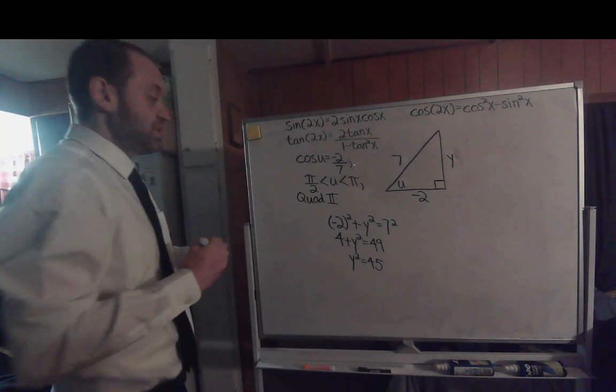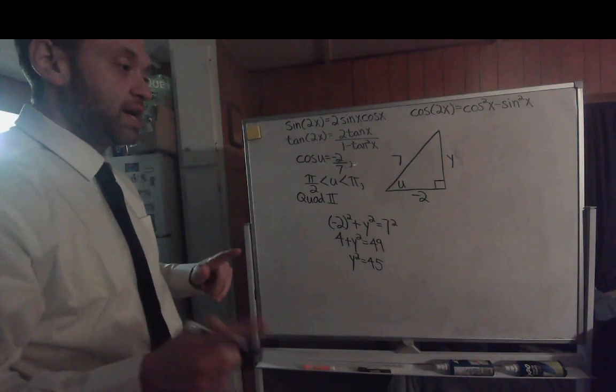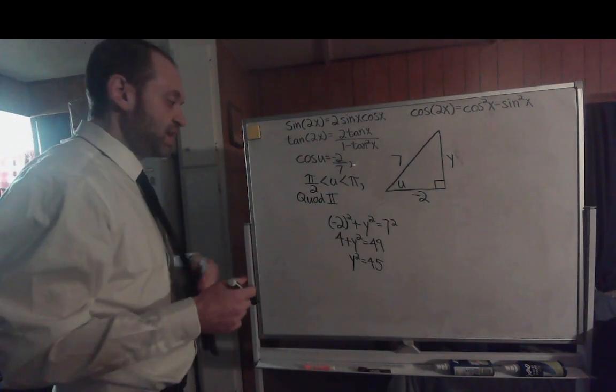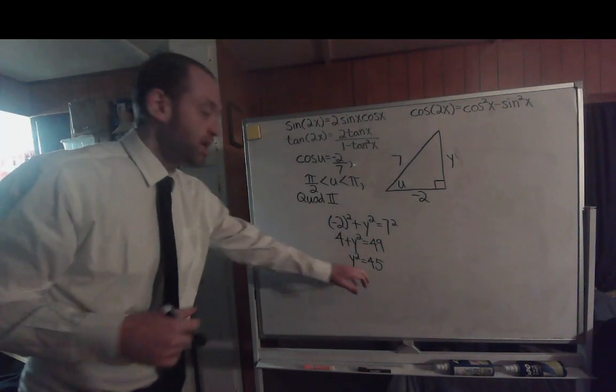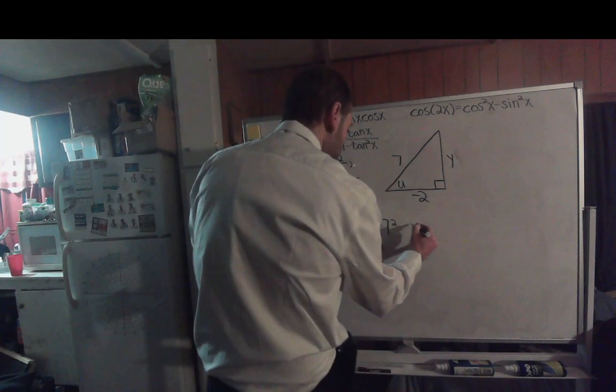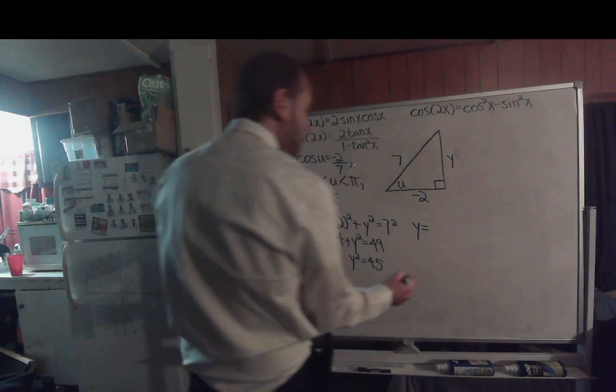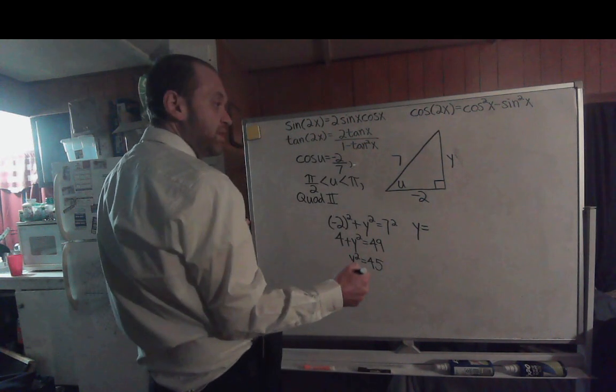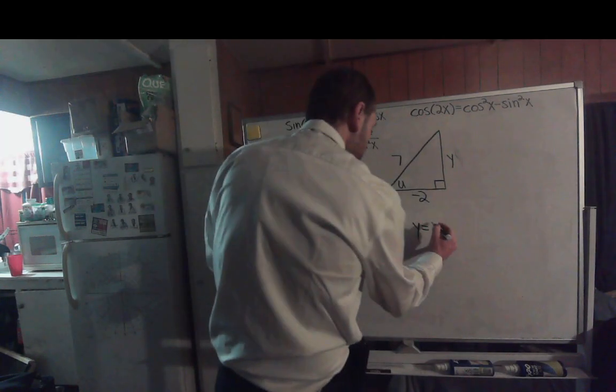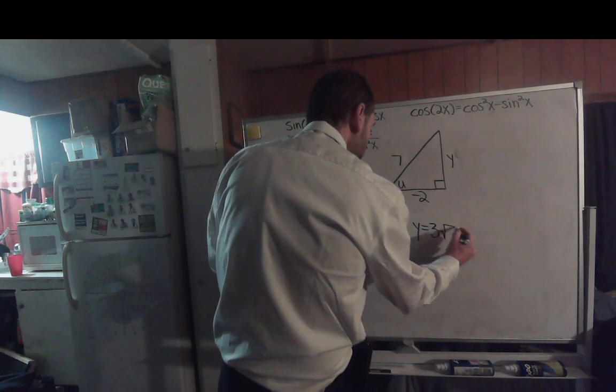Since we're in the second quadrant, your y is positive, which means your sine is positive, so we take the positive square root of 45. You'll get that y equals the square root of 9 times 5, so that would be 3 times the square root of 5.